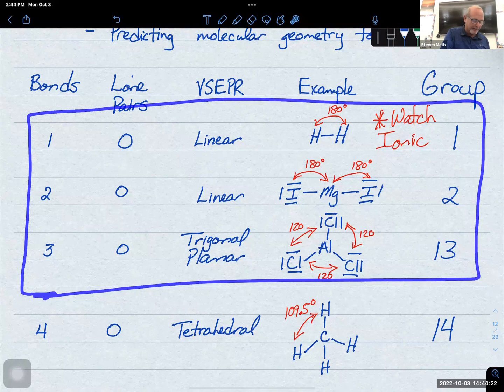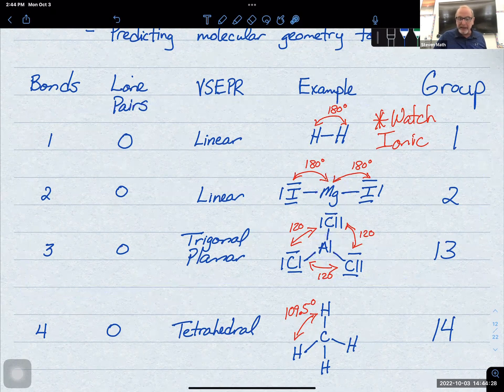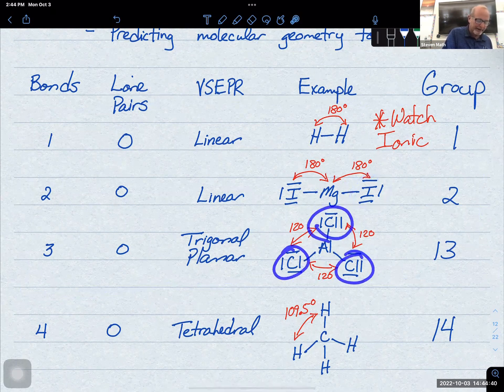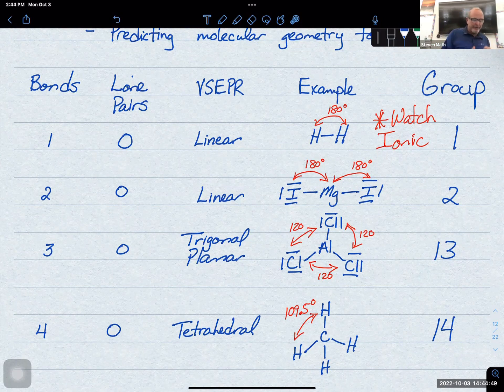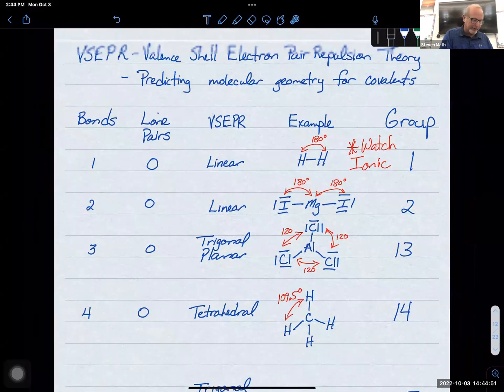The central atom won't have an octet. That's okay. Because remember when we drew Lewis structures, we want the more electronegative element to have an octet. Iodine is more electronegative. Chlorine is more electronegative. So as long as the more electronegative gets the octet, then our Lewis structure is right and our VSEPR shape has to fall in line.